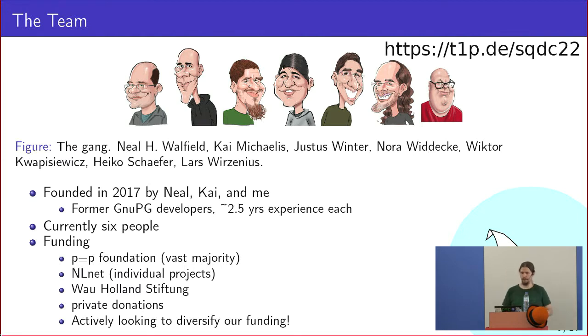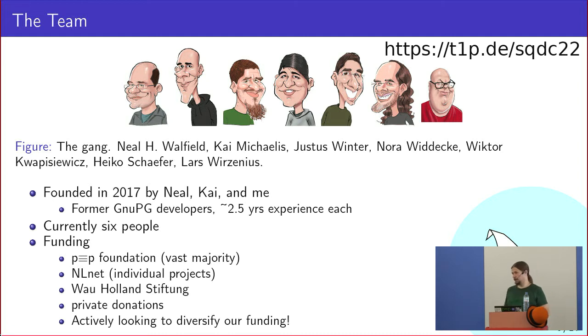So, who are we? Sequoia-PGP was founded in 2017 by Neil, Kai, and me. And if you've been around long enough in Debian, you may recognize Neil. And the three of us worked on GnuPG for 2.5 years prior to that.